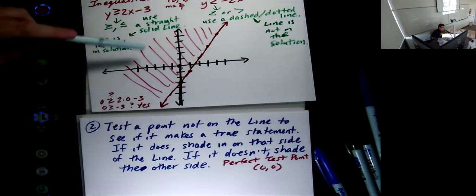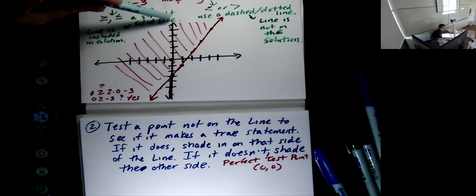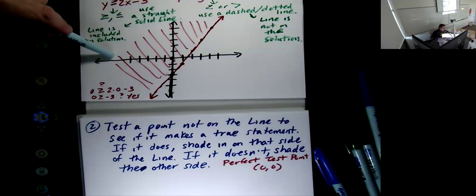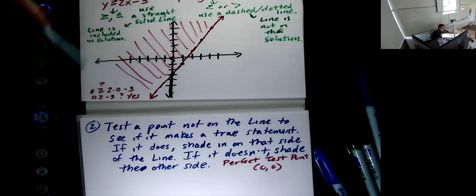So any point on this side works. I could use 0, 10. I could use negative 20, 0. Any point is going to work. You just need to pick one and test it. So the answer is all of these points. Everything on the upside of this line works.